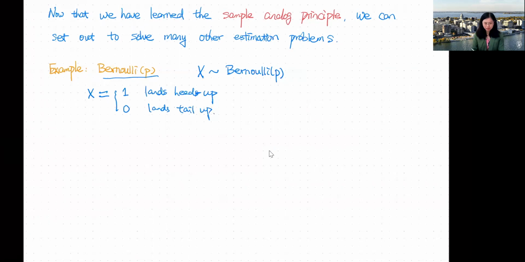So that is the random variable. It follows the Bernoulli p distribution with a success rate p. But we do not know what the p is because we do not know whether the coin is a fair coin.